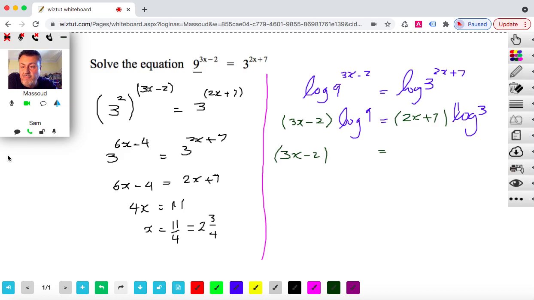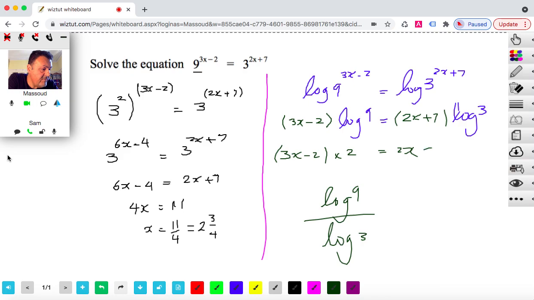divided by log 3. If you type that in your calculator, if you type log 9 and then divide that by log 3, you will see that the answer is 2. So this is multiplied by 2 here, and on that side you would have 2x plus 7.